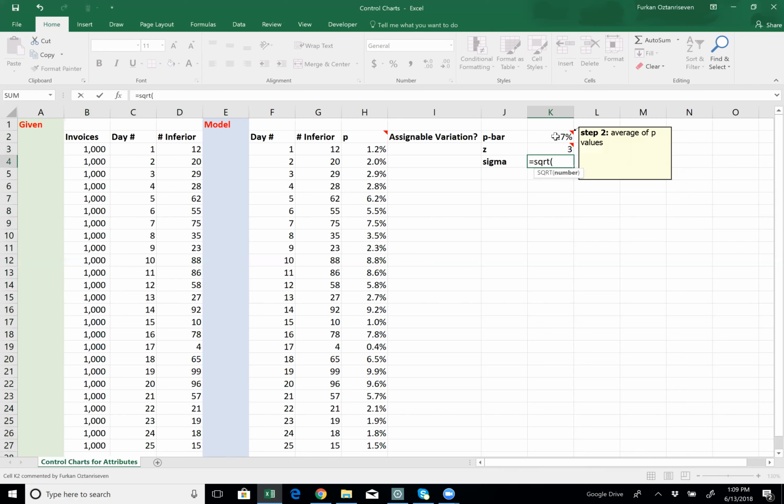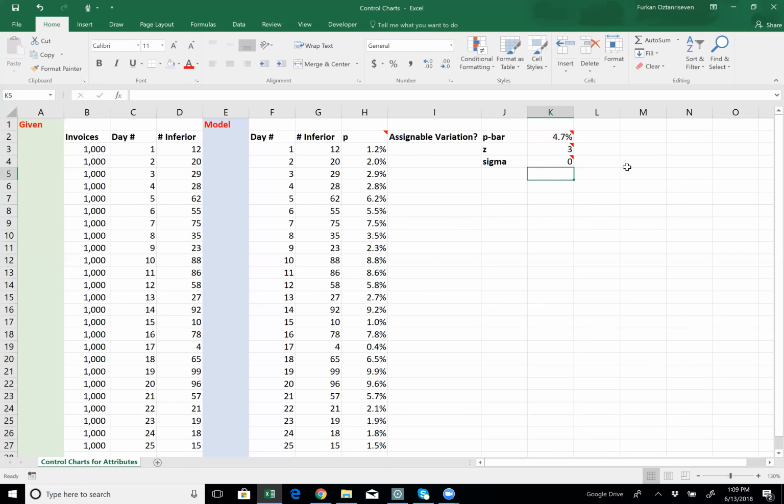So the probability of failure or inferior here is 4.7% times probability of success. Probability of success is 1 minus probability of failure in this case. Okay, probability of failure times probability of success, divided by sample size. In this case, it is 1000.